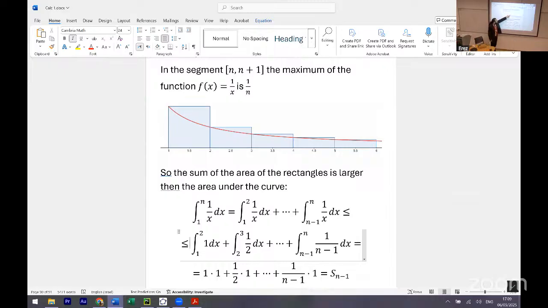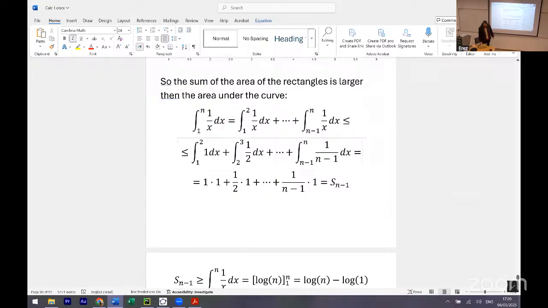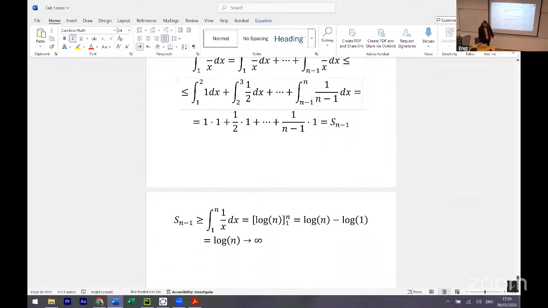And the area of this rectangle is the integral of half its height. And so that's what's going on here. It's allowed us to prove that 1 plus a half plus a third is at least log of n.